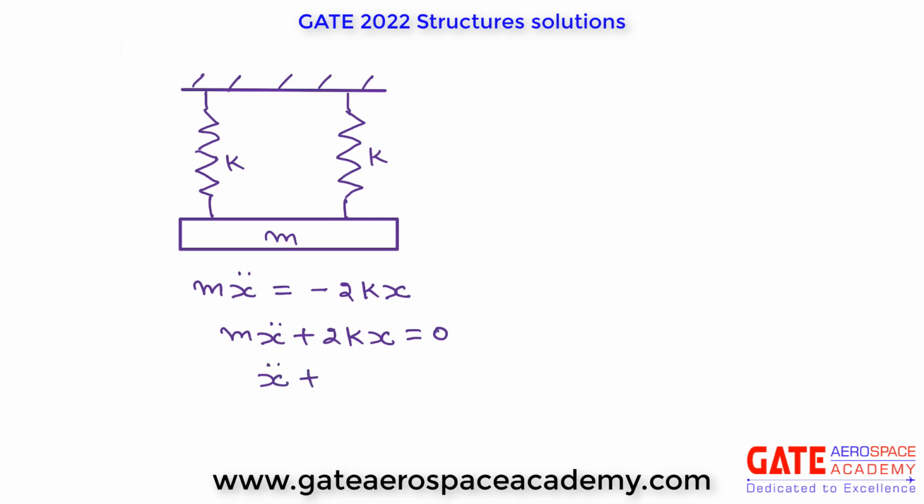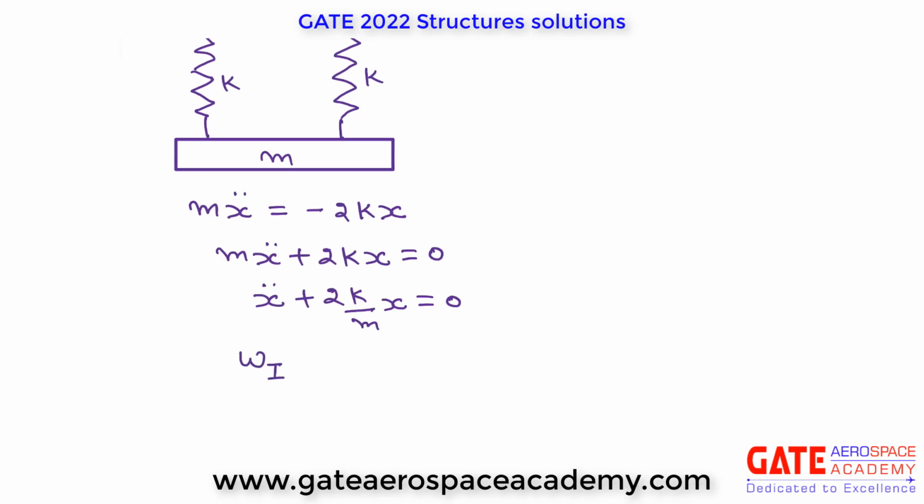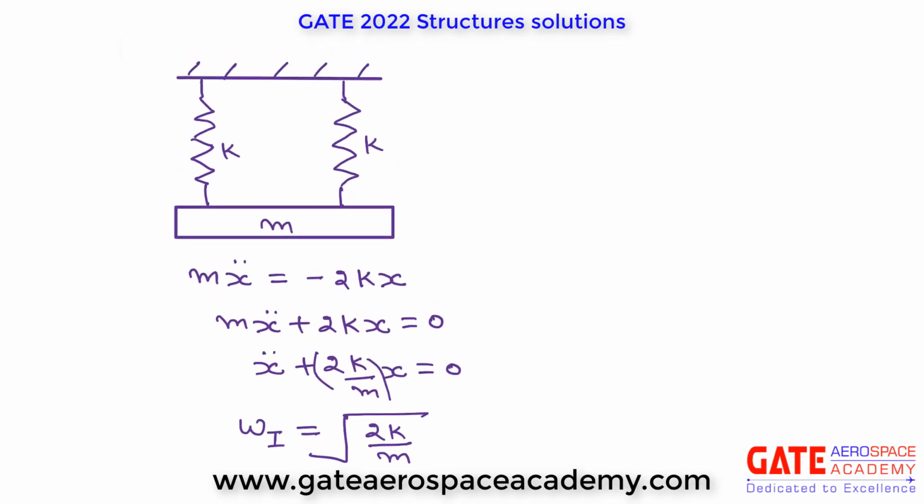So we can write x double dot plus 2k by m into x is equal to 0. If we compare this equation with the basic equation of vibration, then the frequency of vibration, let's say ω1, is equal to under root of 2k by m, right? Now let's find out for the second mode.